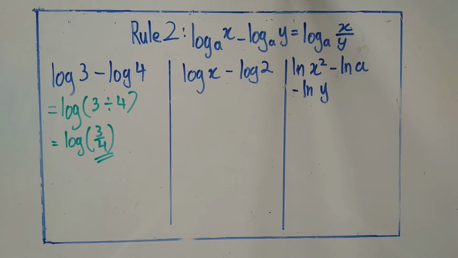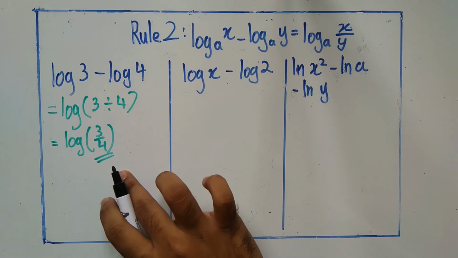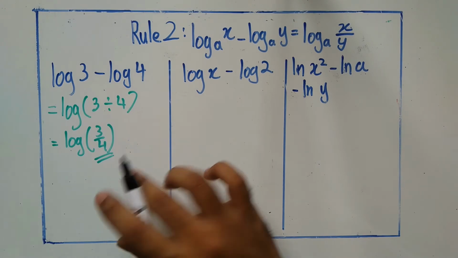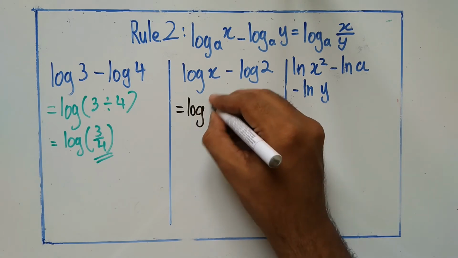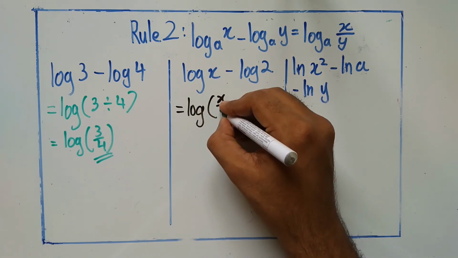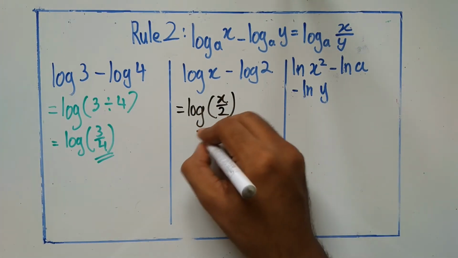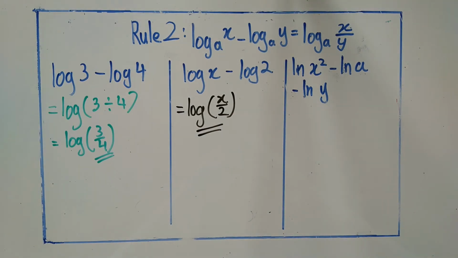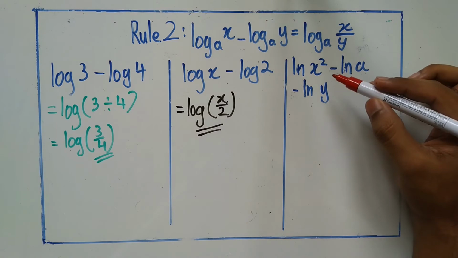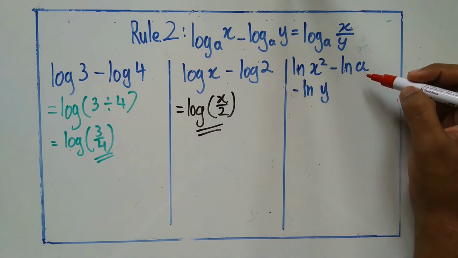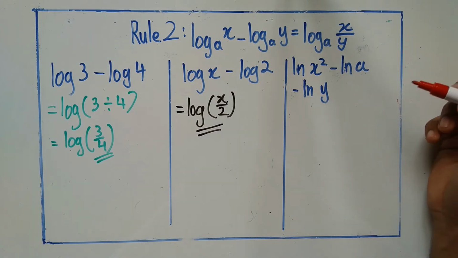In the second example, we have log x minus log 2. Using the same concept as in the first question, we can simplify it as log x over 2. In the third example, we have ln x squared minus ln a minus ln y.